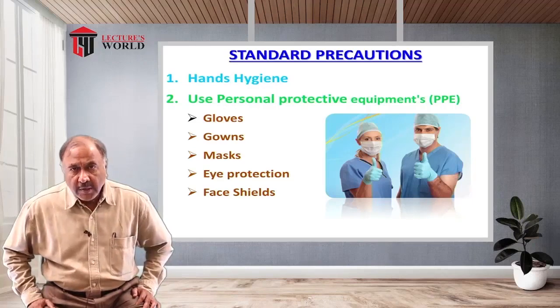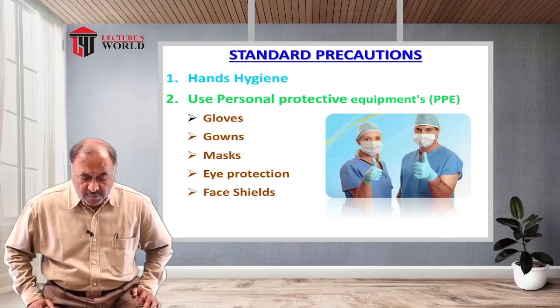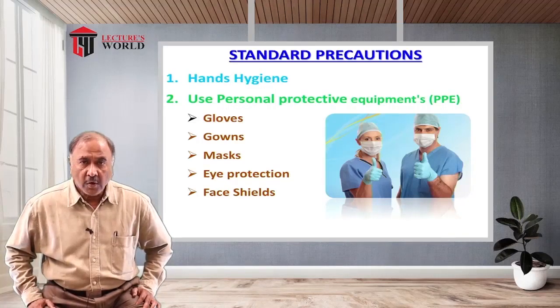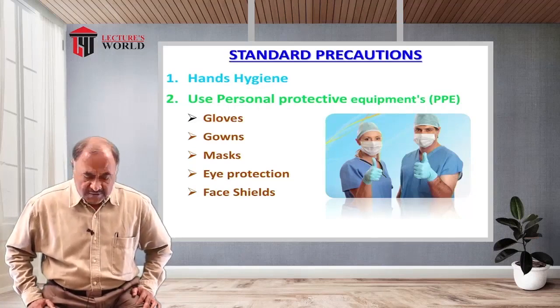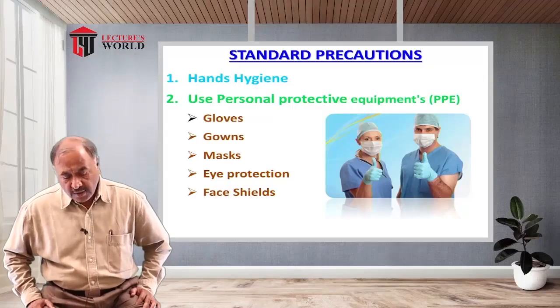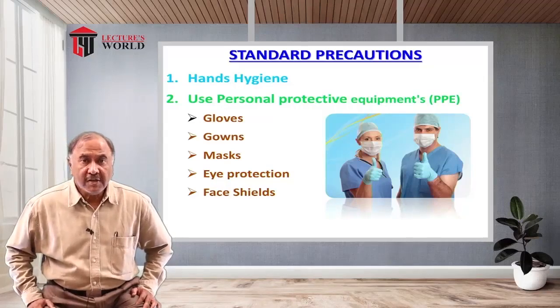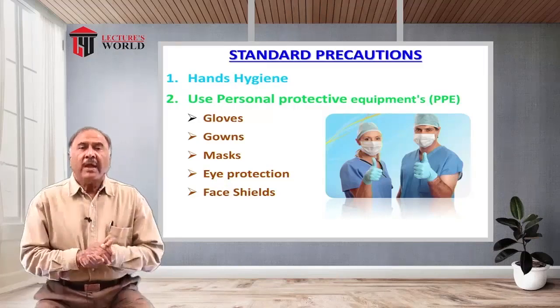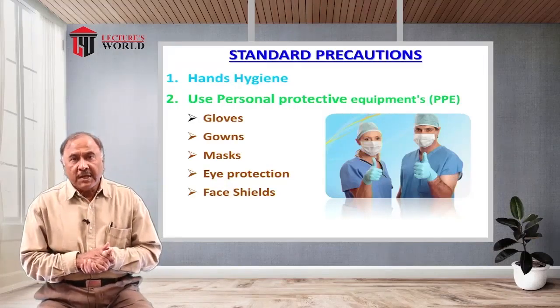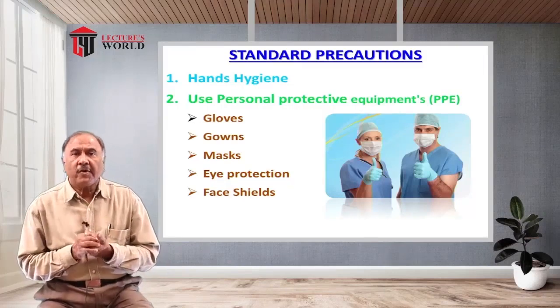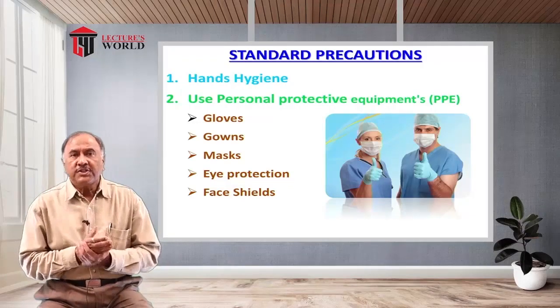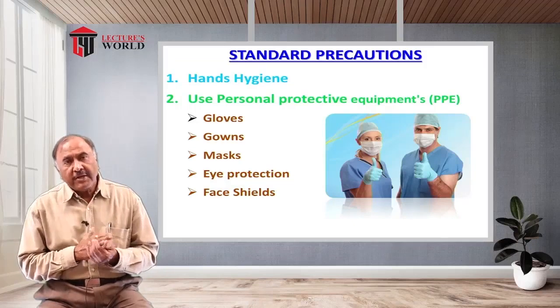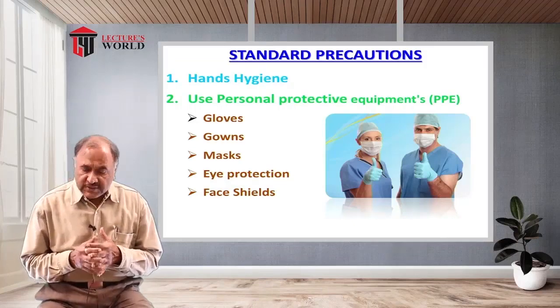Personal protective equipment includes gloves, gowns, that is aprons, masks, eye protection, as well as a face shield, which covers the entire face. Even if a person is wearing a mask, it is preferable for healthcare workers to use a shield for preventing respiratory droplet transmission.